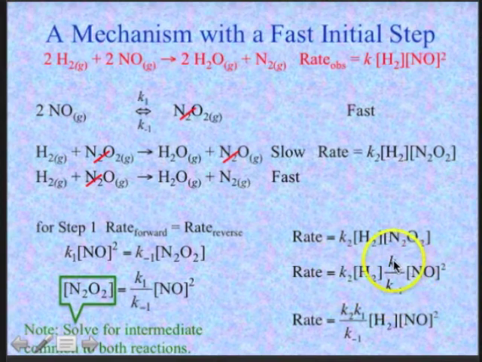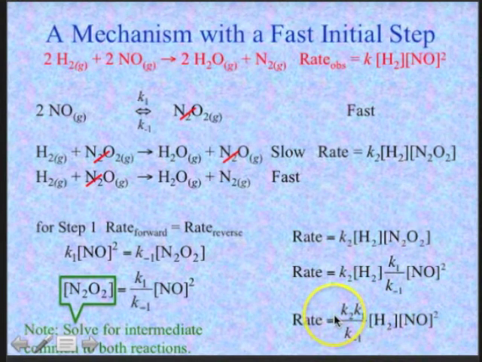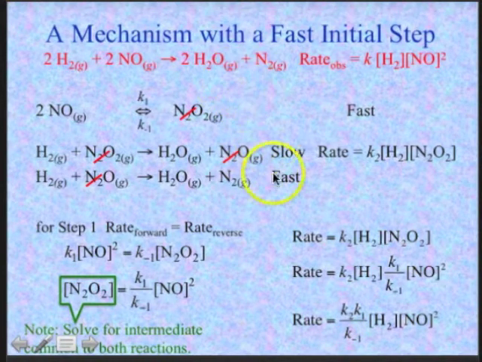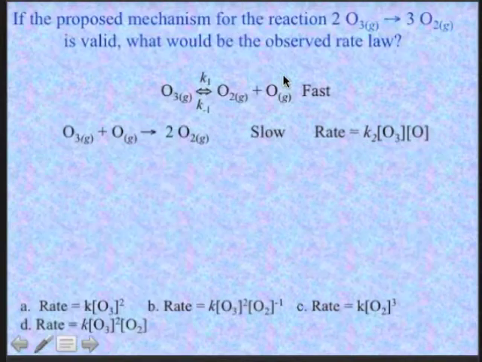And we can combine all of the rate law constants into one rate law constant. And we end up with a rate law that validates the mechanism because it agrees with the rate law determined by experimentation.